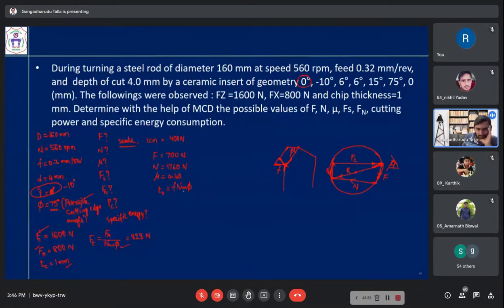Now you find out what is TO first, then find out R. Or otherwise you can directly write this as TO by TC, which is equal to F sine phi. Now find out this R value.